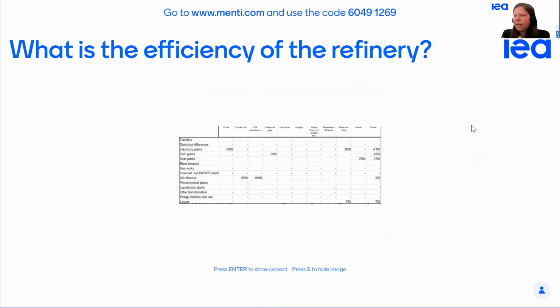And if you go to the line oil refineries, you will be able to find the information you need to compute the efficiency of the refinery. So I leave you some time.